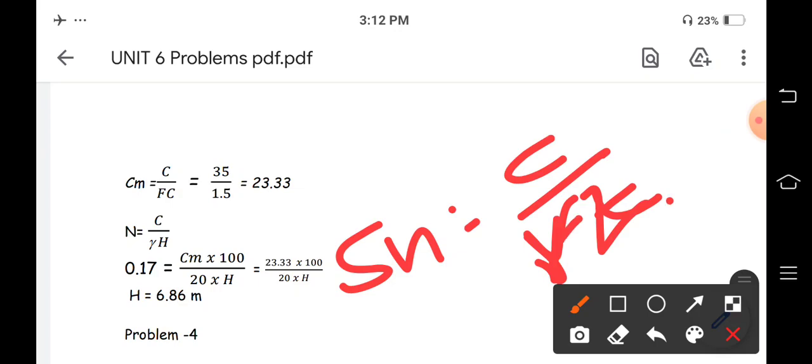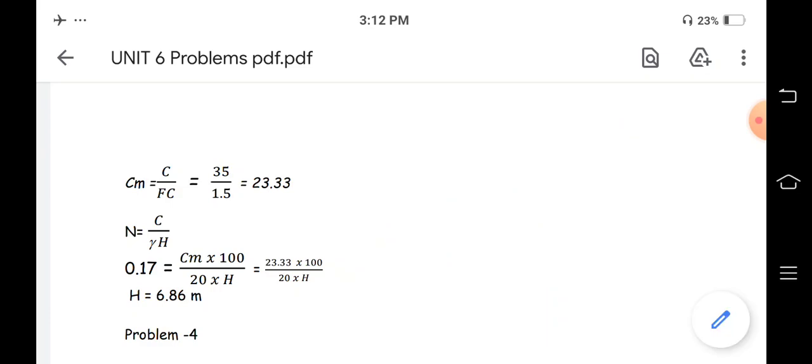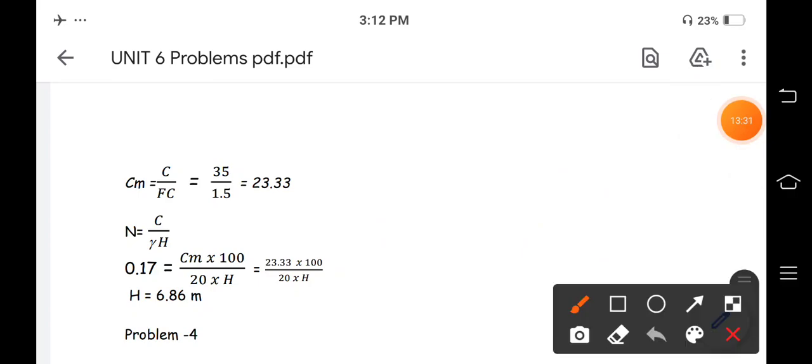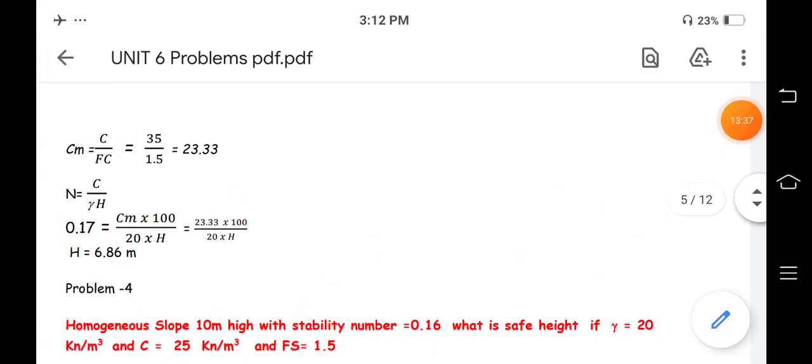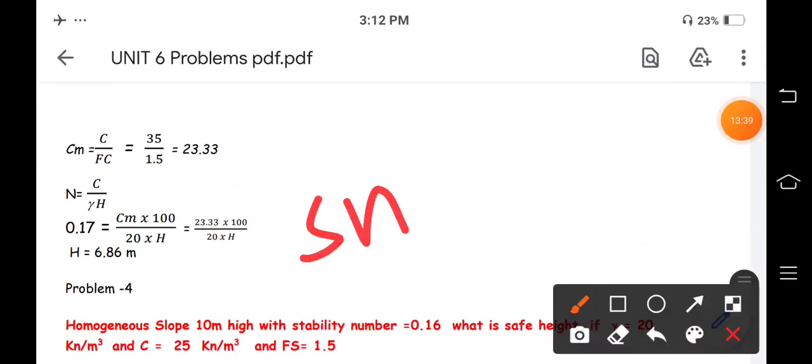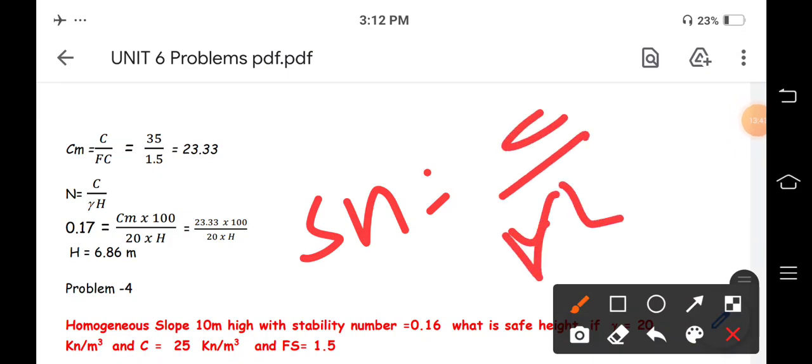So by using this formula, we know that Sn equal to C upon gamma into Z into Fs.